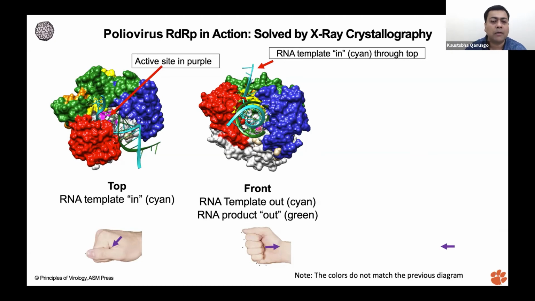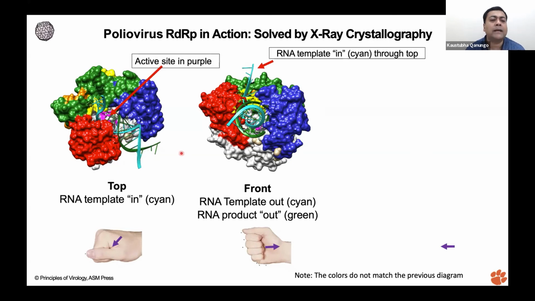They do not come out as double-stranded RNAs. They keep them separate. And this is the top through which the RNA template is going in. So your question could be: why are we seeing right here the green RNA, or the product, from the top as well as a template?